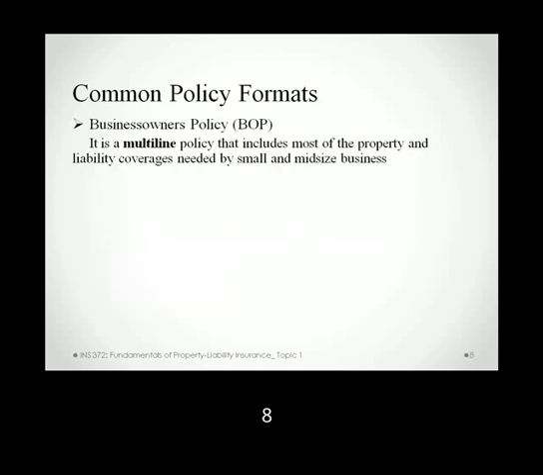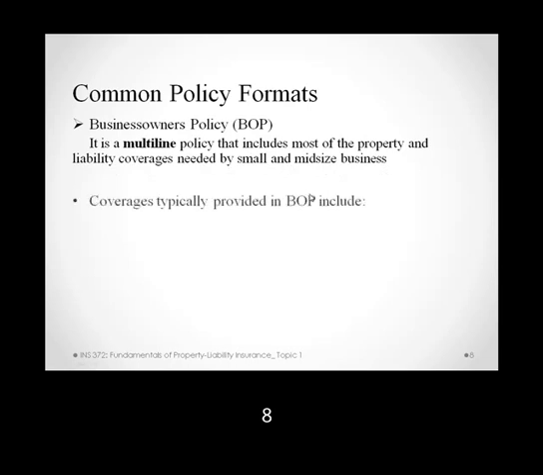The other type of policy is a business owner policy. Again, there are two things that you need to know about this policy. First of all, it is a multi-line policy. So what does that tell you? Well, it covers more than one line of business. And the other thing you need to know is it actually is customized for small and mid-sized businesses.